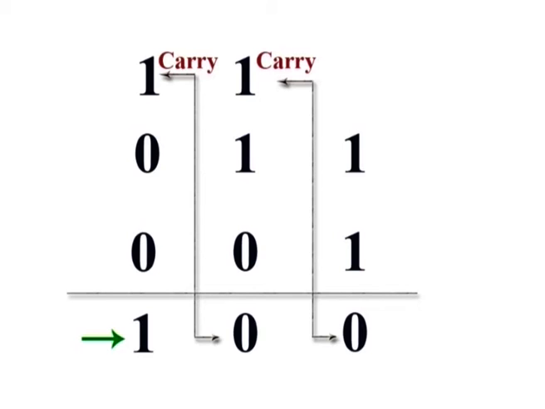When there is a carry of 1, you have a situation in which 3 bits are being added, that is, a bit in each of the 2 numbers and a carry bit.